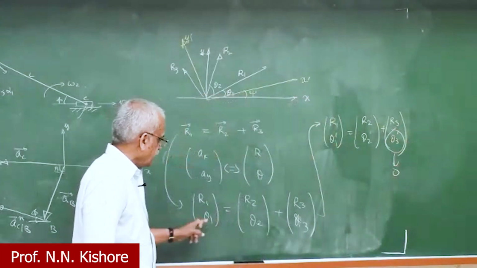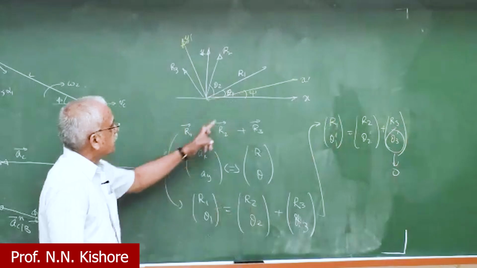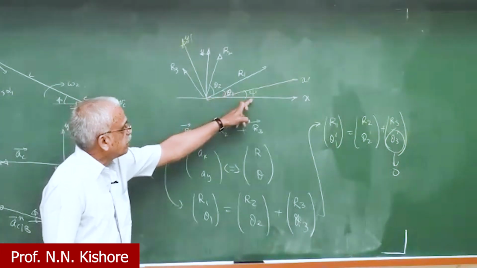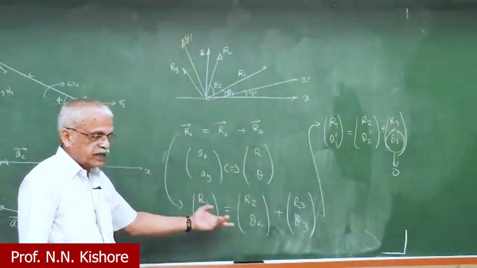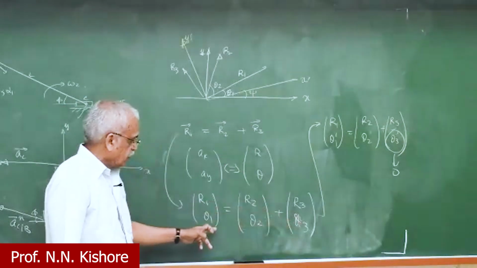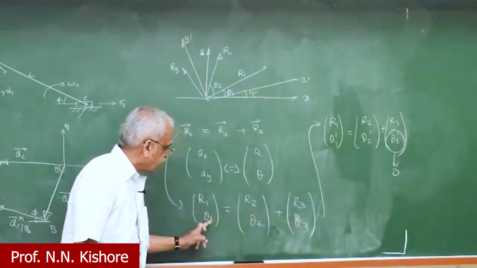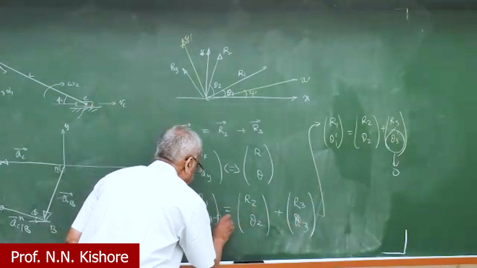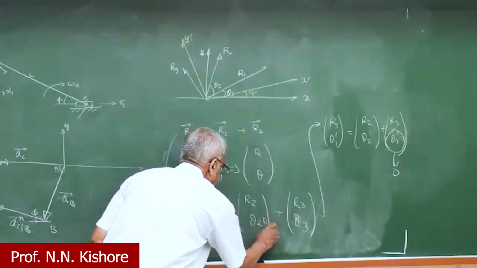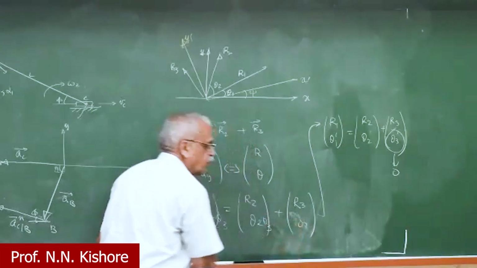So theta 1 prime will become theta 1 minus psi. On the other hand, I could have arbitrarily subtracted anything. For example, if I subtract theta 3 from all of these, it looks like theta 1 minus theta 3, theta 2 minus theta 3, and this will become 0. What is the advantage of this?